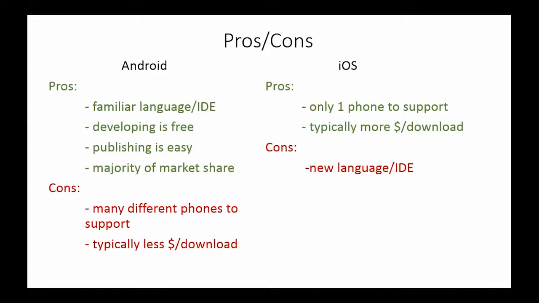So for us, it's a new language, it's a new development environment. You've got to pay this fee, and you need a Mac. And I put "kind of" here because there are some workarounds, especially if you are into pirating software. Not that I necessarily condone that, but if that's your thing, you can make it work on a Windows machine or a Linux machine if you want.